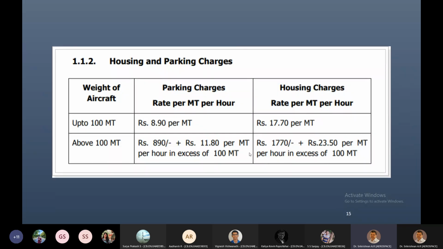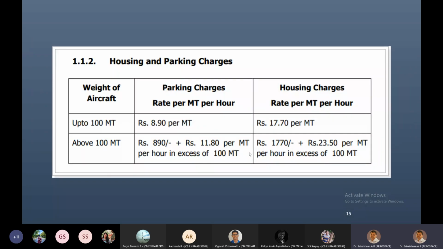I guess the division is again international and national. International aircraft, since they are operating longer routes, will essentially require more break between their flights. That must be the reason why the parking charges are on the lower side for the long distance flights, whereas domestic flights are not likely to park for a long time. So the charge per hour is higher for them, about twice that of the international flights.